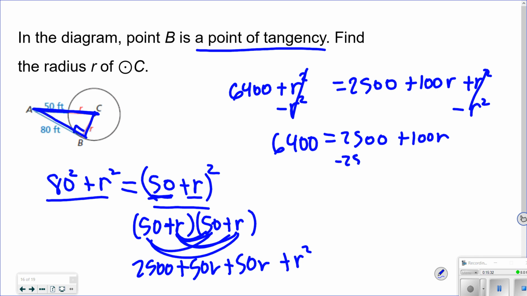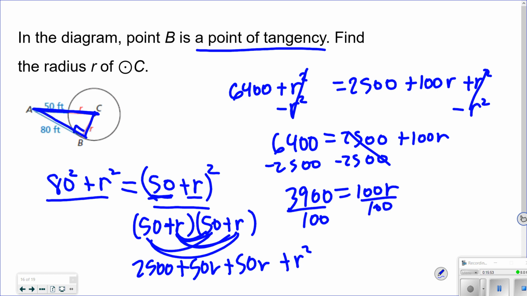Subtract 2,500 from both sides. So now we end up with 6,400 minus 2,500, which is 3,900, equals 100r. Divide by 100. So r is equal to 39.